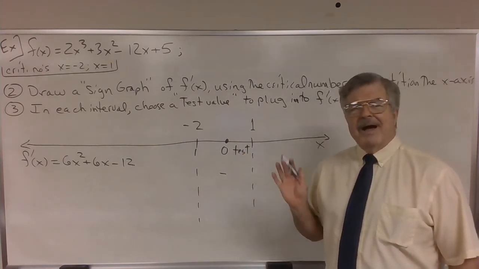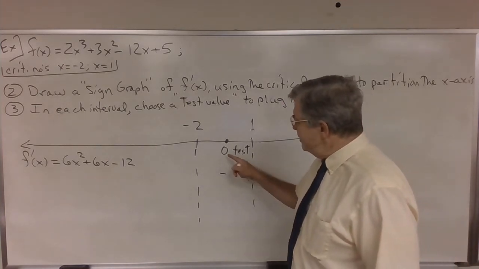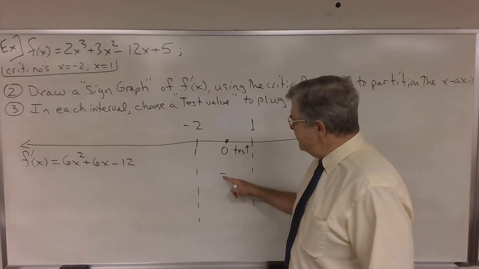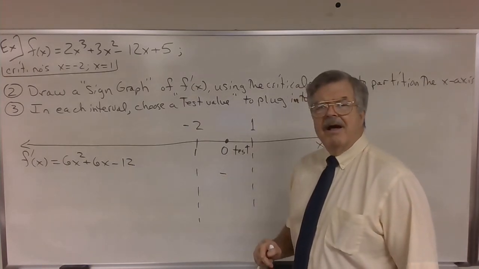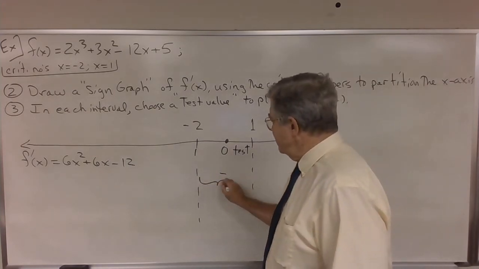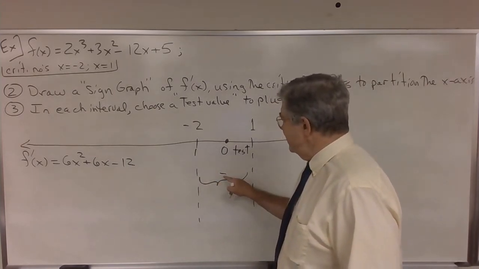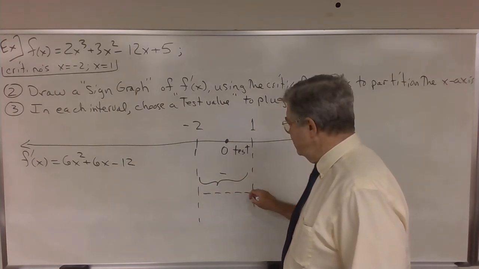Now, I don't know why, I have this crazy hunch that because the sign of the derivative is negative right here at x equals 0, the sign of the derivative is probably going to be negative throughout this whole subinterval.